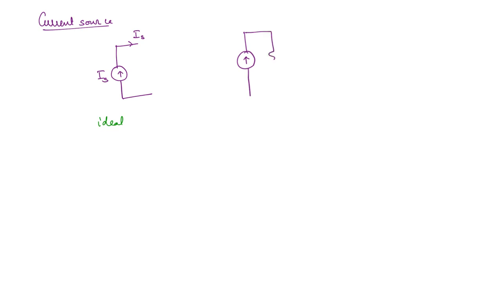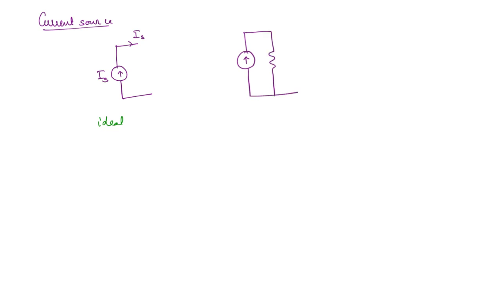Next, let us look at a current source. What will be an ideal current source? It will deliver a constant current irrespective of the voltage across it. It is always delivering the current Is. So this is ideal. What about practical? For a practical current source, the resistance is going to be in parallel.